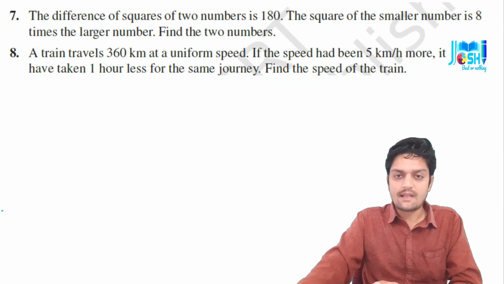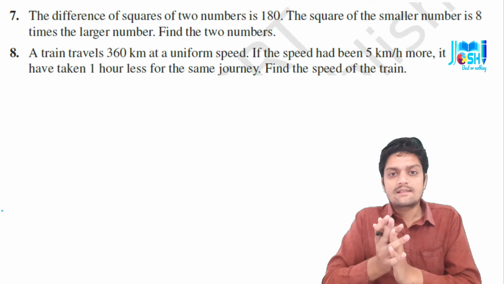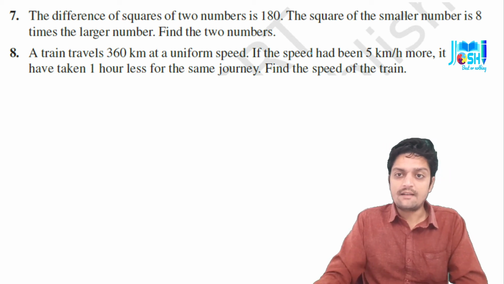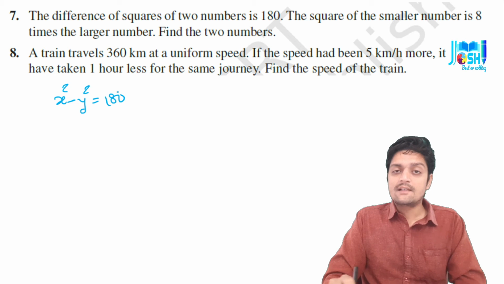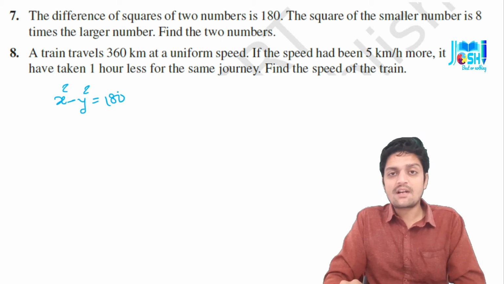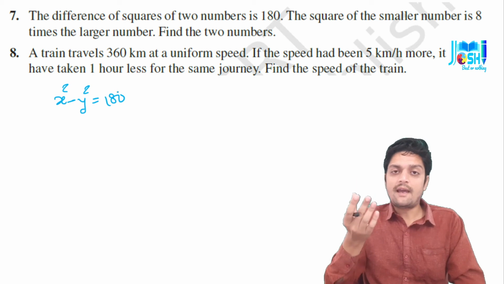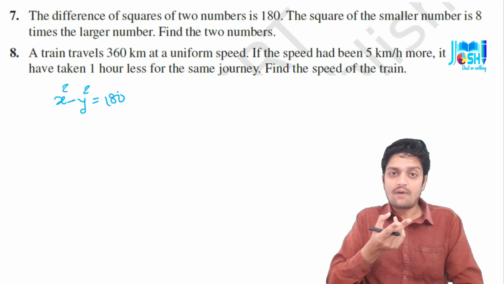Now seventh question. The difference of squares of two numbers is 180, so x square minus y square is equal to 180. You have to write in proper description. First you have to write, let the first number be x and the second number be y.